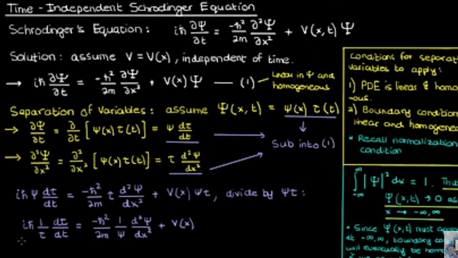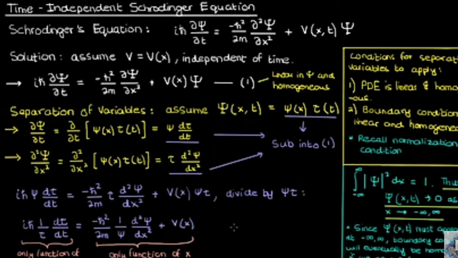This is where we have to be a bit clever. The left side is only a function of time t, while the right side is only a function of the position x. Now if I change time, tau could change, and the derivative of tau, which is also a function of time, could change. However, changing time doesn't change anything on the right hand side, because there is nothing on the right hand side which is time dependent.